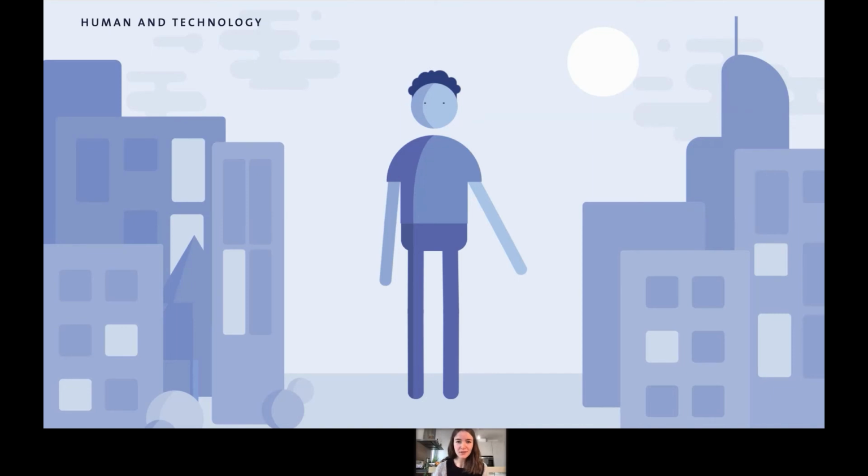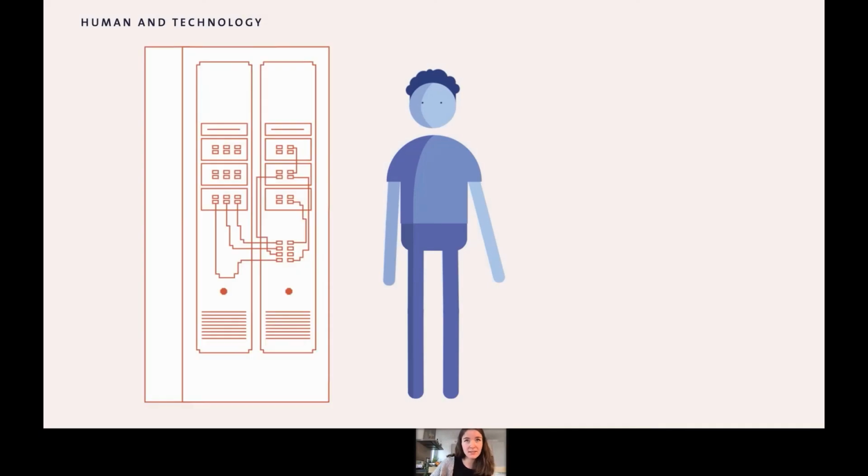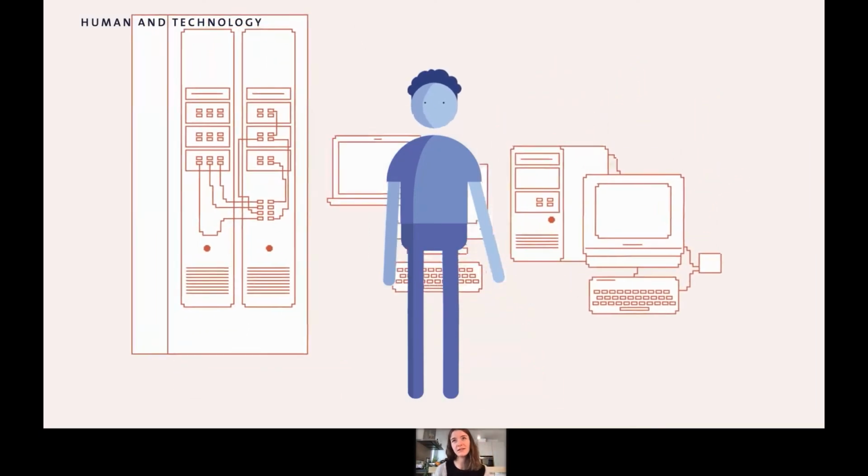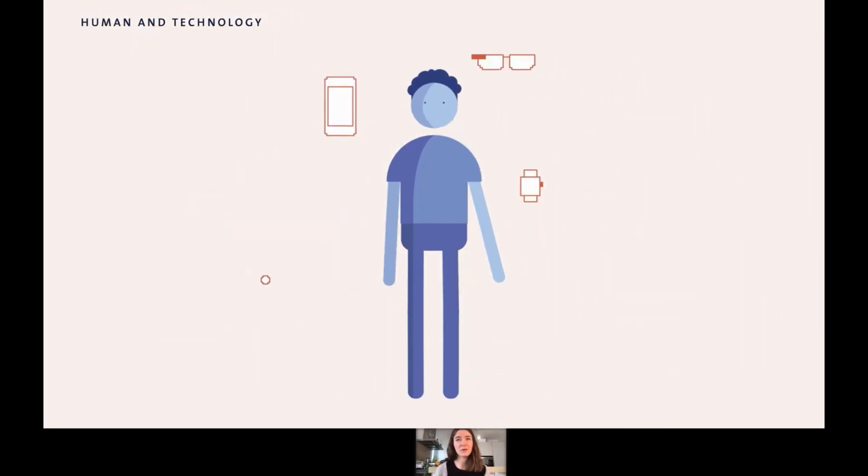So humans using technology or tools is something we've been doing for thousands of years, and today it became a big part of our daily life. And technology is optimizing over the years, so it's becoming smarter, smaller, closer to our body, and also cheaper, which makes it more accessible to all the people around us.